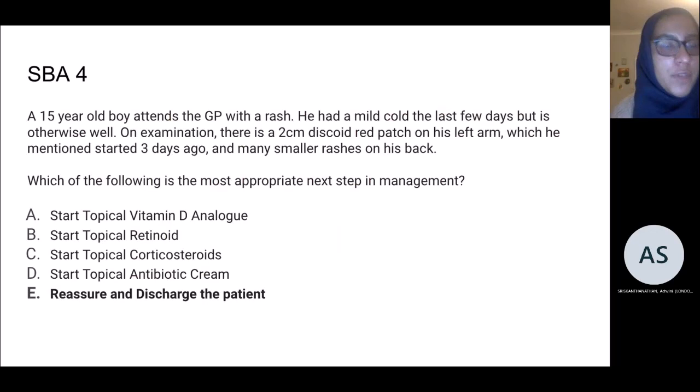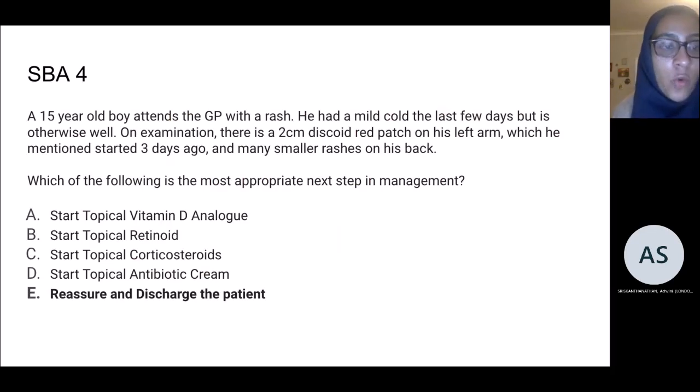That's why for this question, that was the most appropriate next step, because you wouldn't want to jump into giving any topical corticosteroids. You'd want to reassure, discharge, and then if it's not resolving, they can come back. The other options: topical vitamin D analog is a treatment for psoriasis, of which there's no indication here.